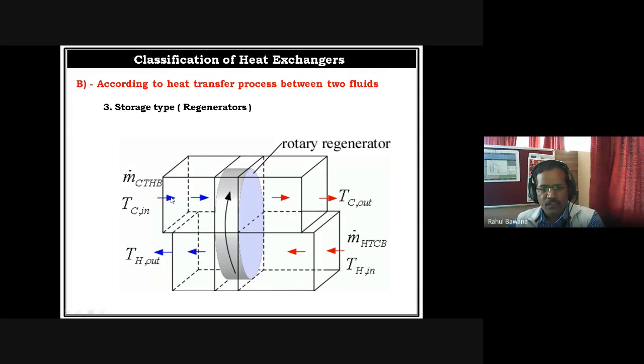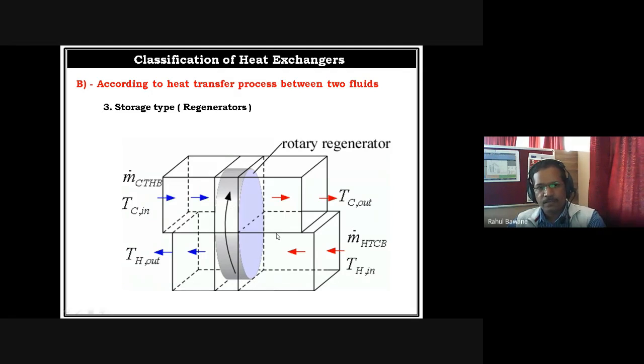And when cold fluid moves through this heated portion, it cools down the wheel and gains the heat. So during the cold fluid pass, the bottom surface of the wheel gets heated, so it is continuously delivering heat. But while heat is being stored at the bottom section, at that particular time, cold fluid is cooling down the top portion. After some time, it rotates again, the hot portion moves upward and the cold portion moves downward.